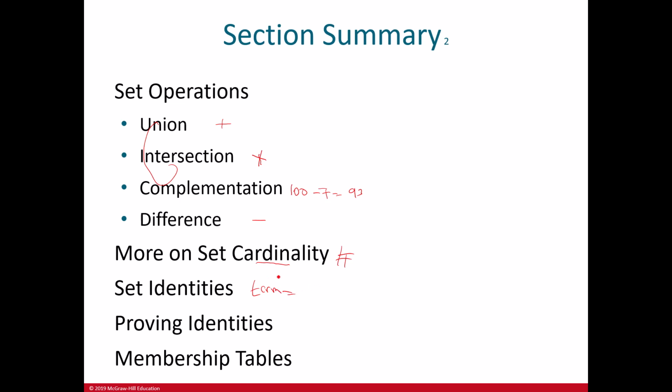Let's say this is a term, and we have another term, let's call it term prime. That will be useful in doing proofs. And finally, we're going to introduce a method that is similar to the truth table in propositional calculus, but this time involving sets.